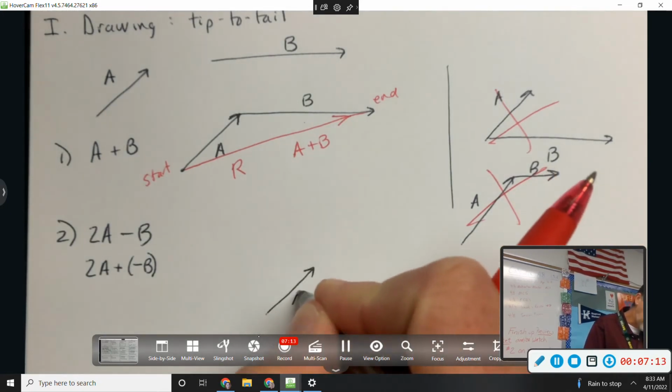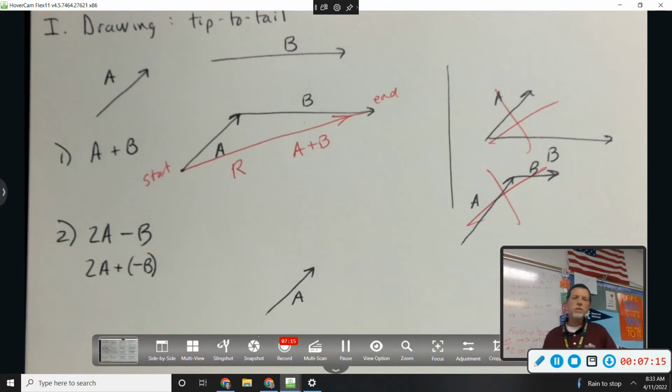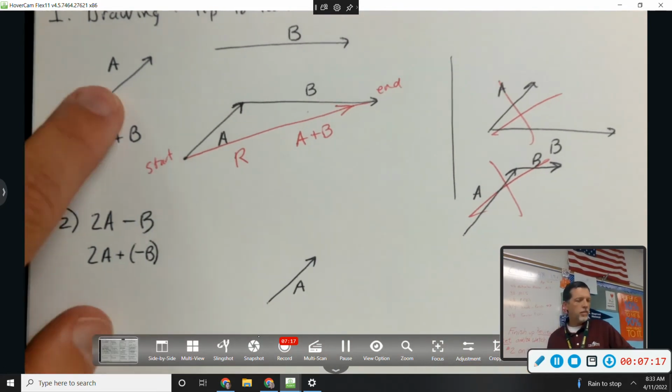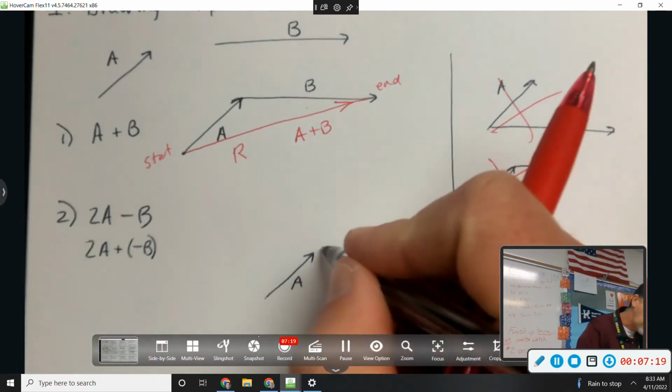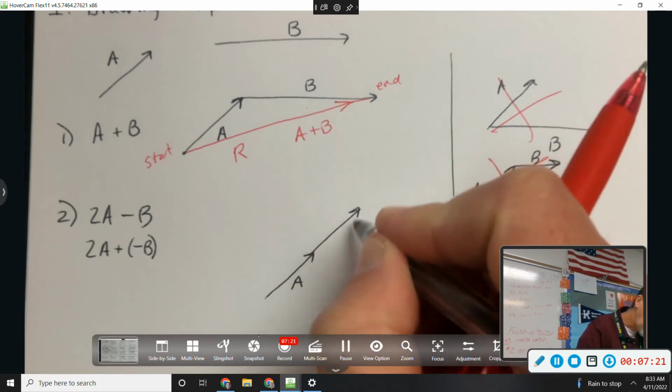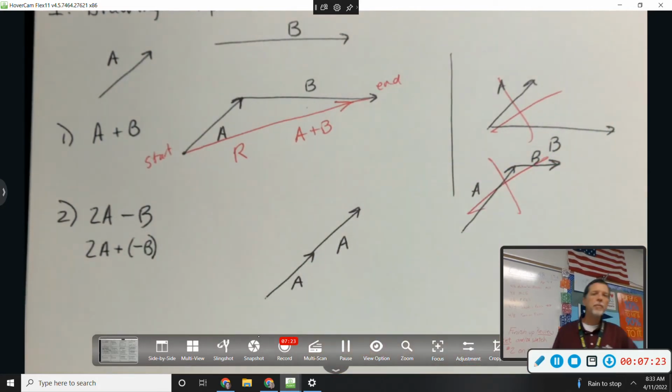So there's A. Again, not with a ruler, not with a protractor, but those look the same to me. And another A. 2A. And then how am I going to draw minus B? Which way is it going to go? To the left.